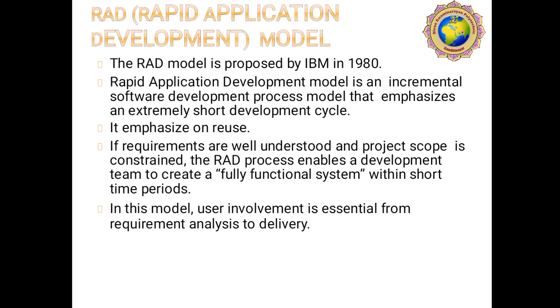So its requirements are well understood and the project scope is concentrated, and the RAD process enables a development team to create a fully functional system within a short time period. In this model, user involvement is essential from requirement analysis to delivery.